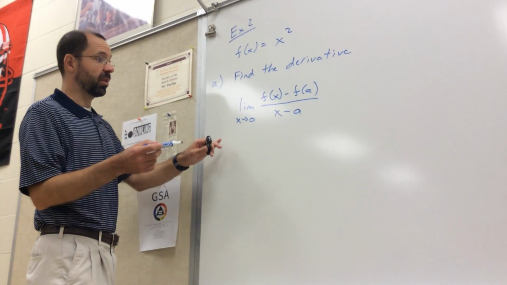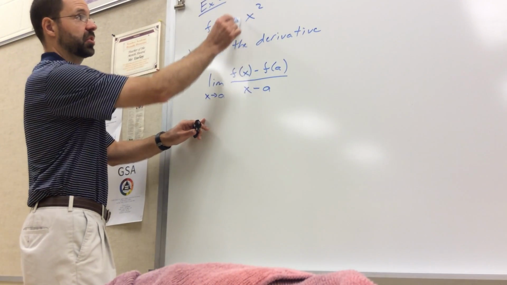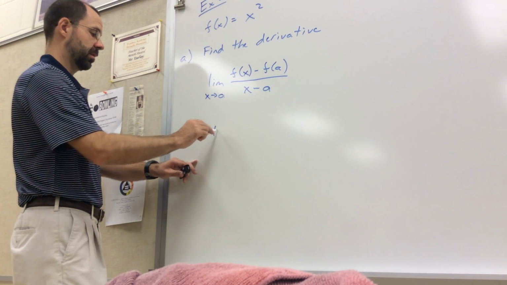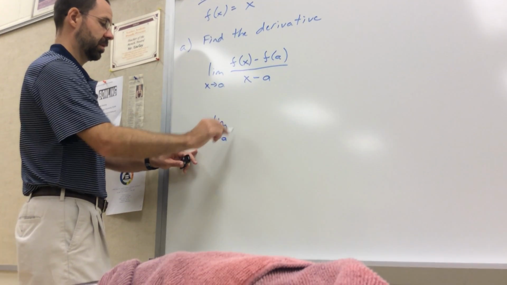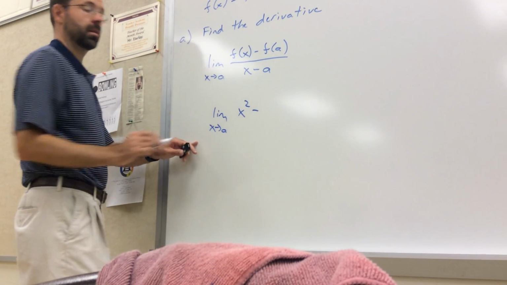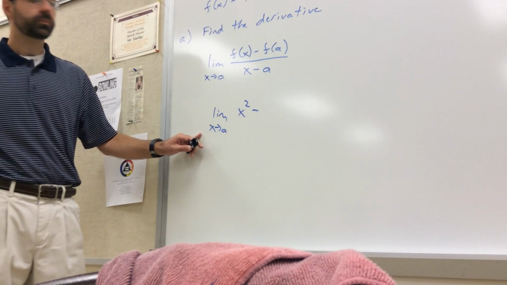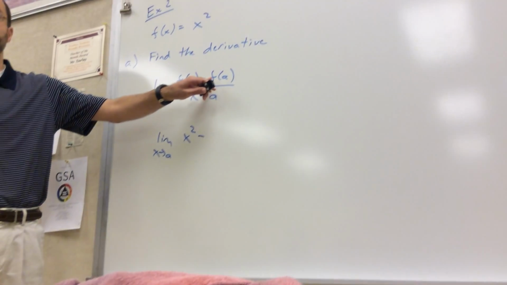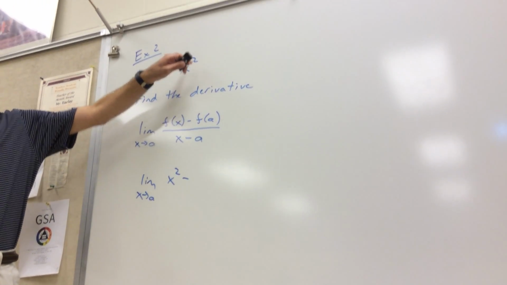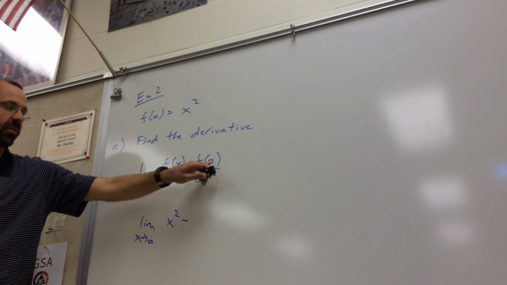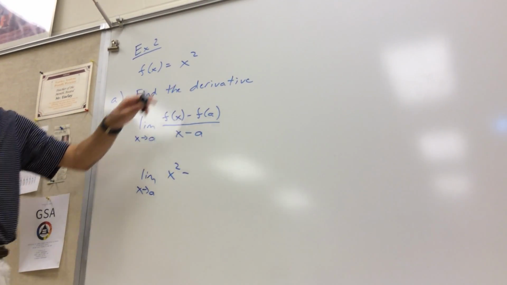Okay, so for this particular problem, f of x is x squared, right? And then this says plug a into f, so that's going to be a squared. Just like if you plugged 3 into f, it would be 3 squared.